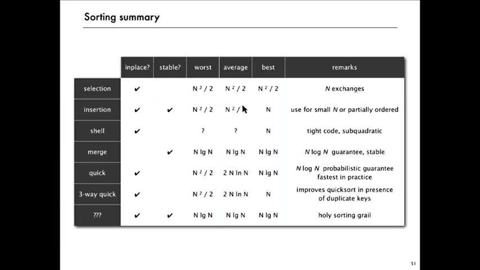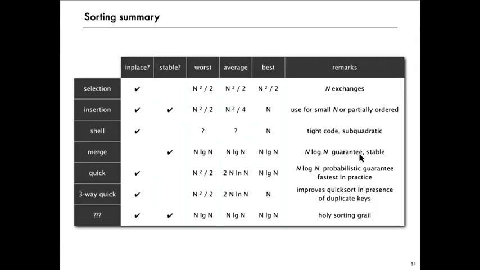Insertion sort: best case linear, quadratic, in place and stable, and it'll work well if the file's small or partially ordered. Shell sort, we don't know its running time. It's not stable, but it's a fast method for intermediate size files and not much code.